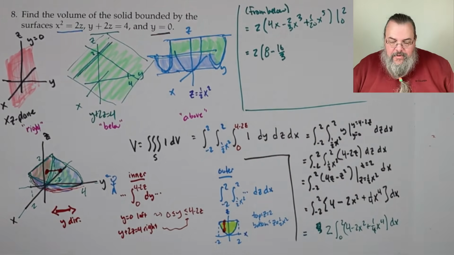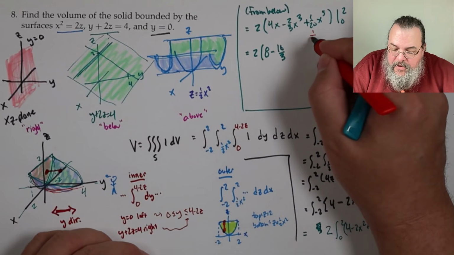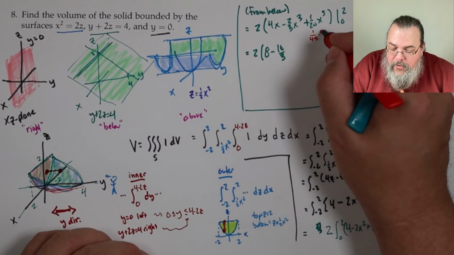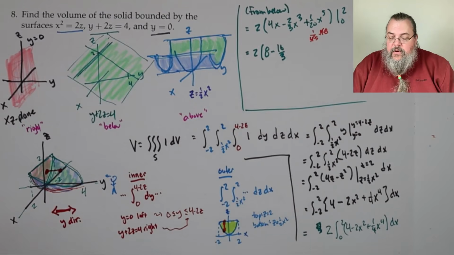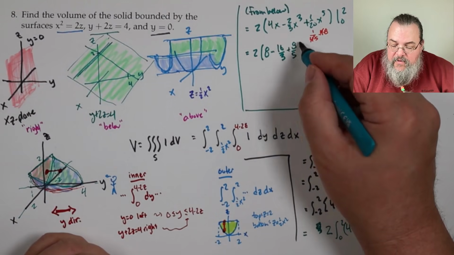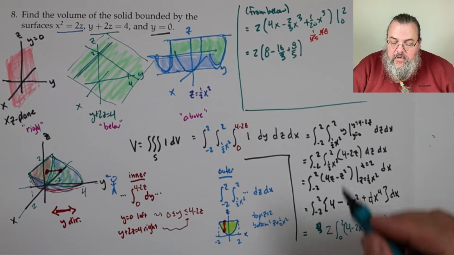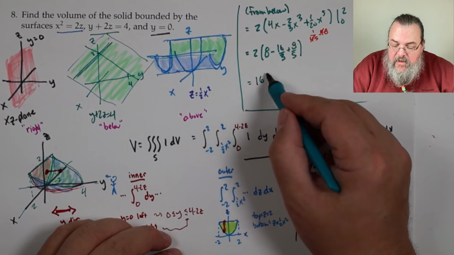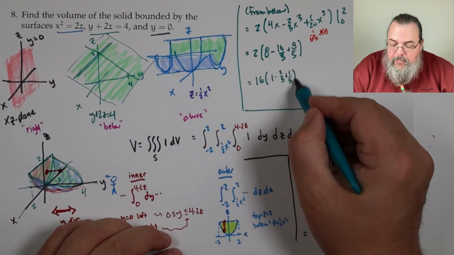Okay, just so I don't lose track of the story, I think this has 1/4 times 5. And 2 to the 5th, that's 4 times 8. So we have a plus 8/5. And now that's good news. I'm going to pull out an 8 for a second here. That's 16 times 1 minus 2/3 plus 1/5.